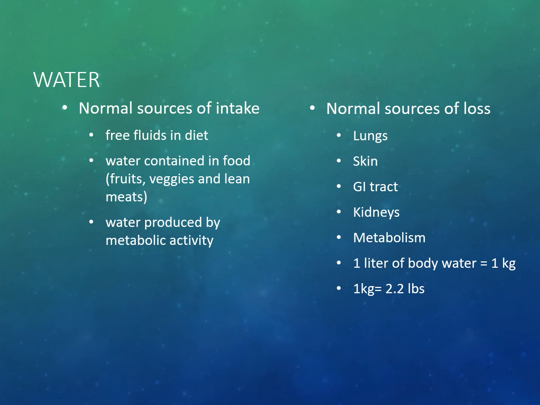Those pyruvates then enter the mitochondria of the cell, and they go through the TCA cycle or the Krebs cycle, whichever you like to say. And once they go through that cycle, in the process of metabolizing that sugar, they actually make CO2 and they make water, all right? So metabolic processes actually create water, especially if they're metabolizing sugar.